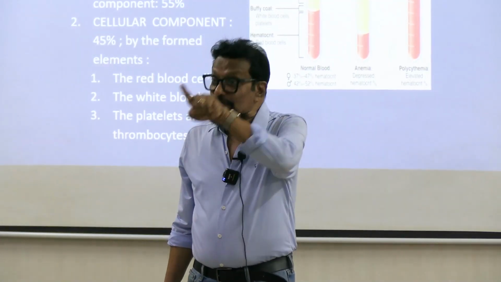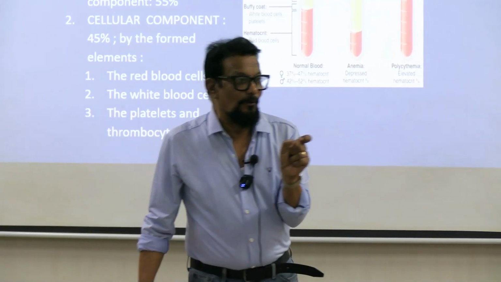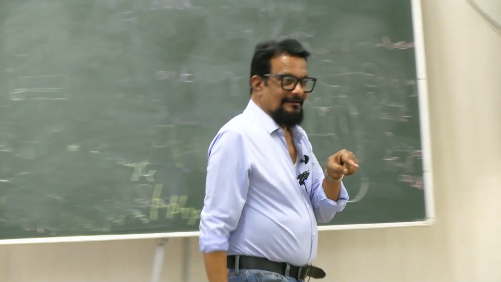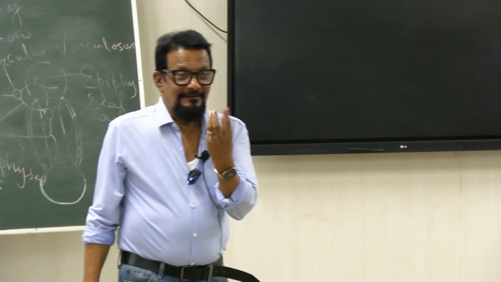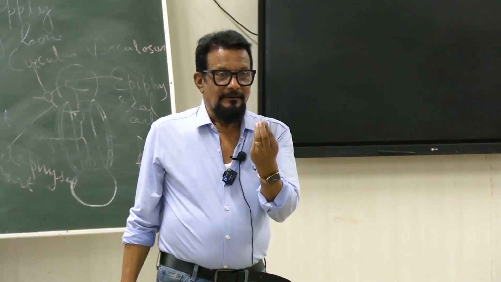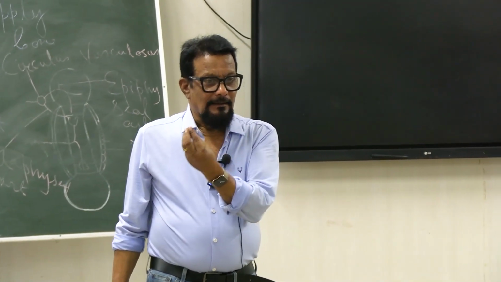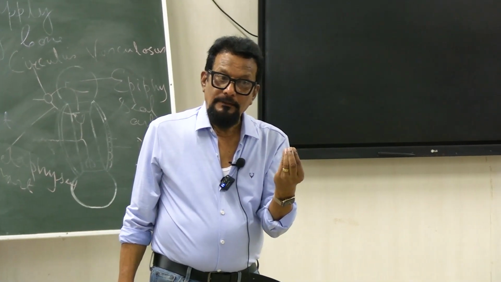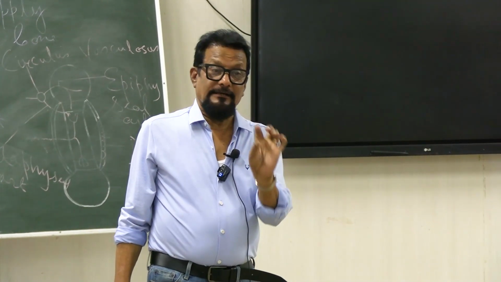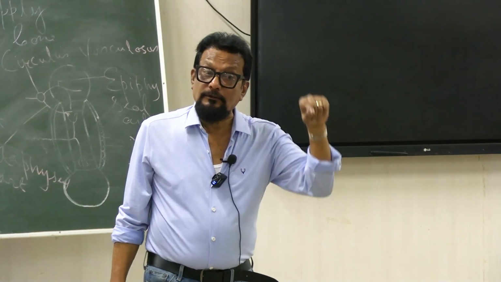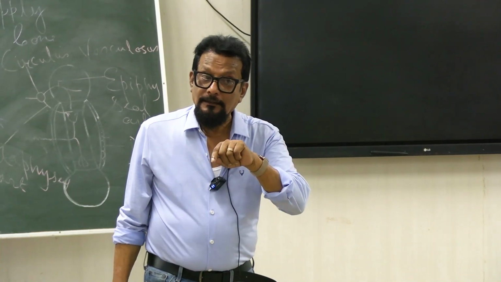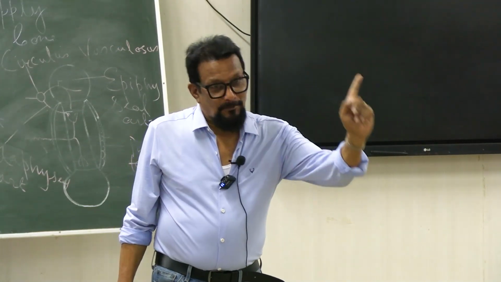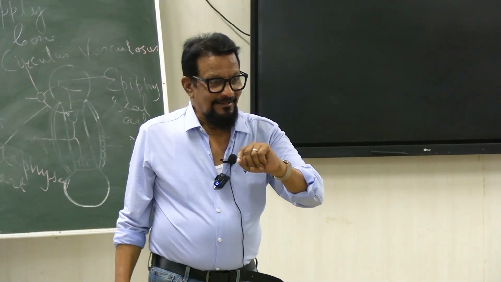If the size is less than normal, then it is microcytic. Normally it should contain hemoglobin. If the content of hemoglobin is normal, then microcytic, normochromic. And if the hemoglobin is also less, microcytic, hypochromic.